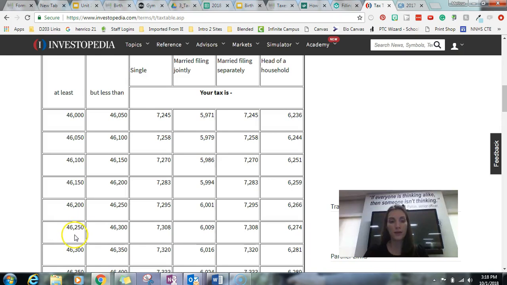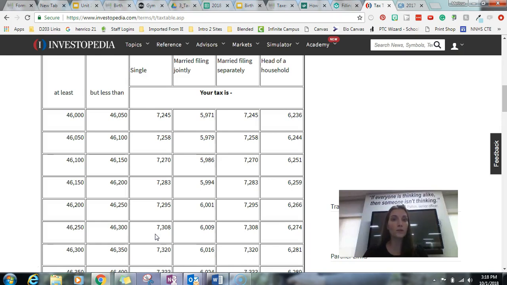So I would go down to the next row, and it says I at least make 46,250. So my tax liability falls in between these two numbers, which means that the number that I am going to owe is $7,308.